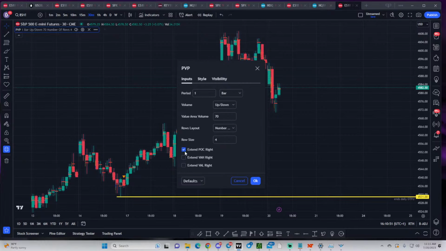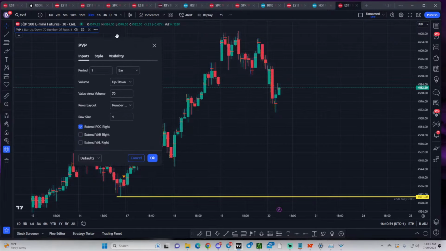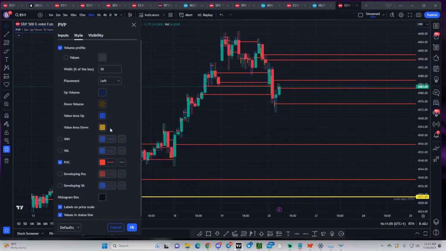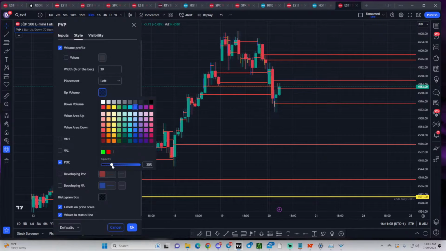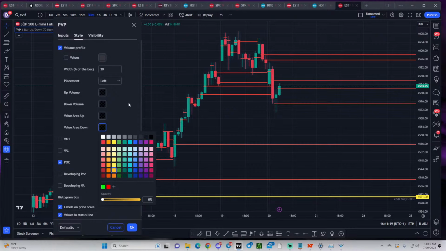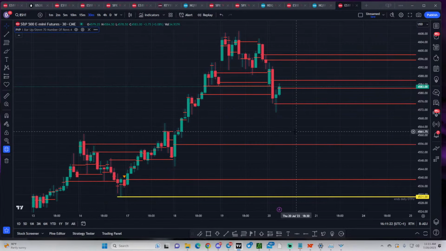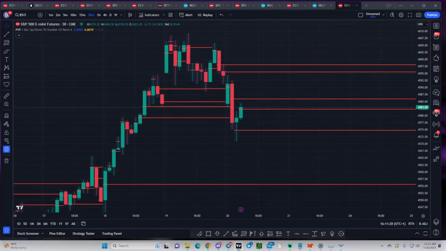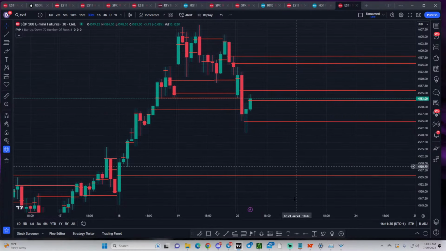Extend to the right if it's a naked POC for the candle, and you can go in style, and you can just eliminate all the color in there, and all you get is a line. So this line are the naked POCs based on TradingView volume profile. Everyone follow me so far?